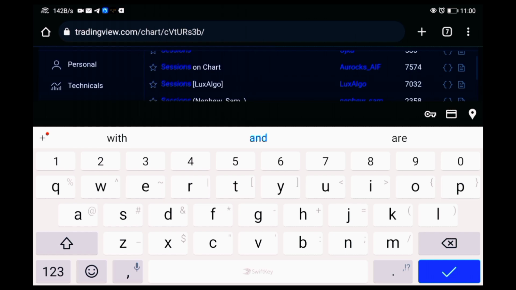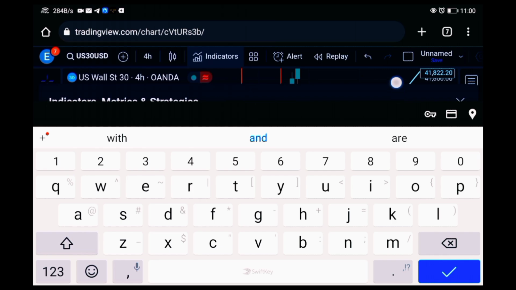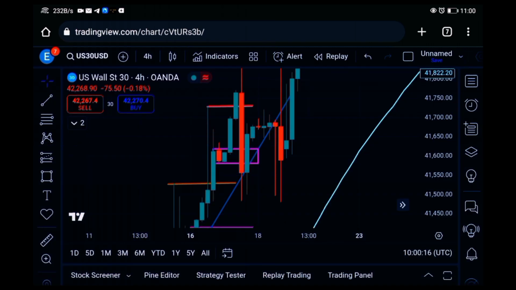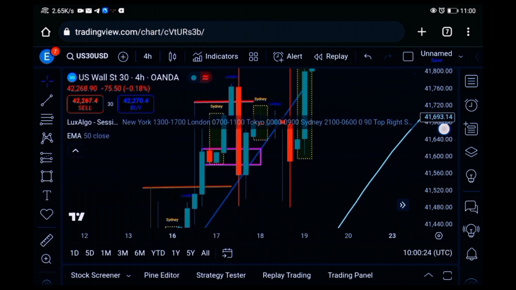That is the one you will choose. The reason why I don't type it is because it's already on my chart. Once you choose it, you close the interface, then you go back to your chart and you notice that the indicator is already there.